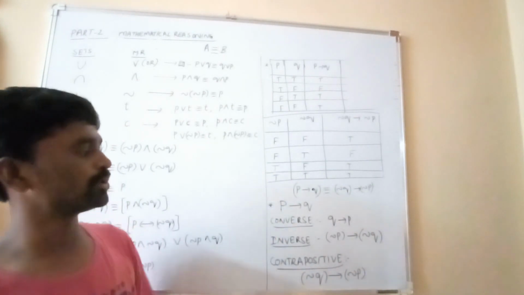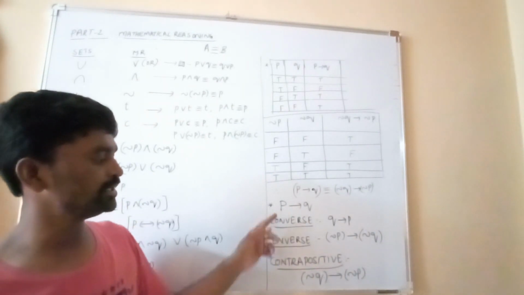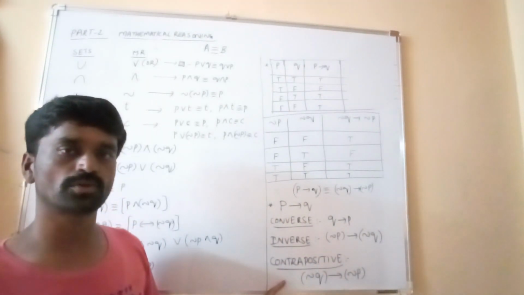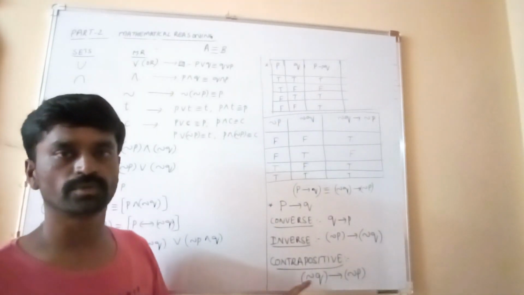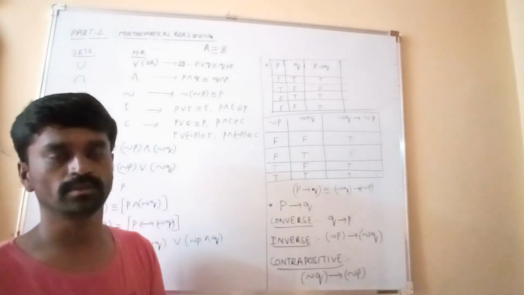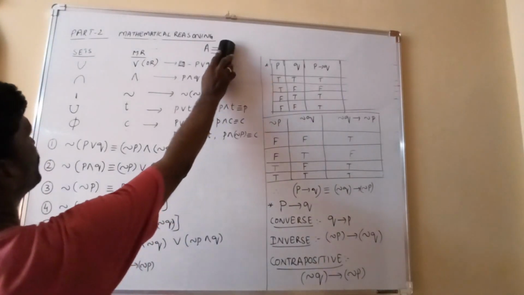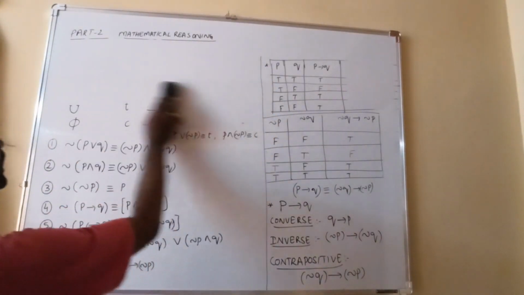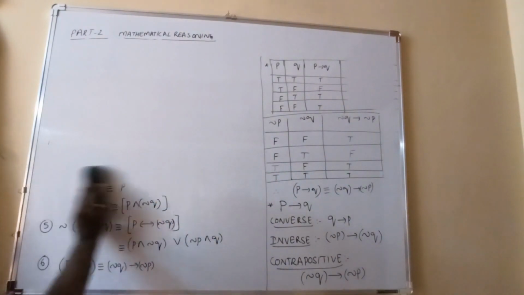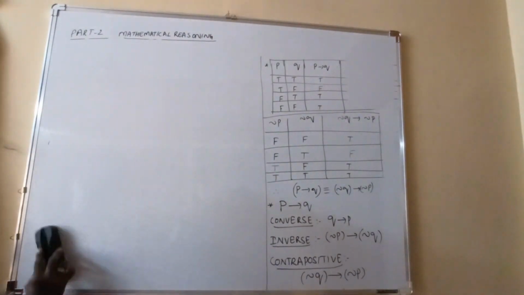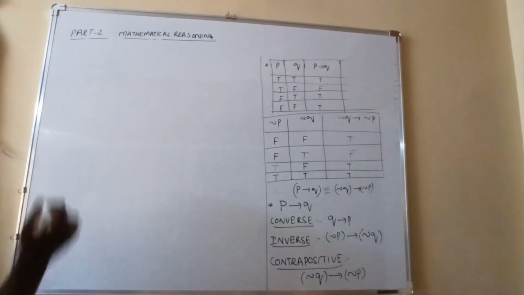So from the above problem, we can conclude the given conditional is logically equivalent to its contrapositive, negation Q implies negation P. Now I'm taking a simple example.